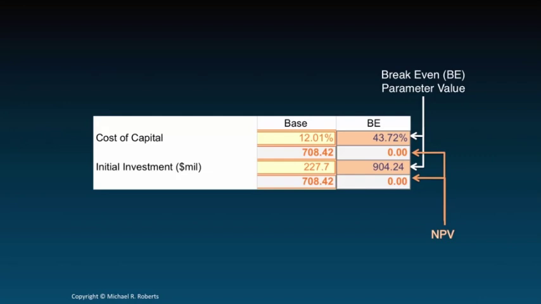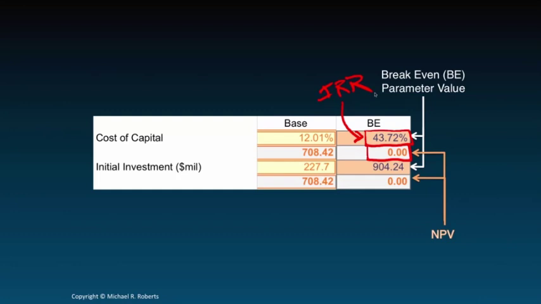The break-even value for the cost of capital, in other words, the value such that the NPV right here is 0, is 43.72. That should look familiar because the break-even point for the cost of capital is nothing more than the IRR.